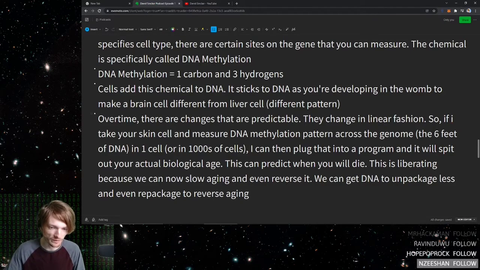But I agree with Sinclair that being able to predict when you will die is liberating, because now we can actually slow aging and we can reverse it, as we were talking about with metformin, which literally repackages the cells and helps them relearn how to do their job again. So yeah, we can get that DNA to unpackage less and even repackage to reverse aging. That is just extremely fascinating.